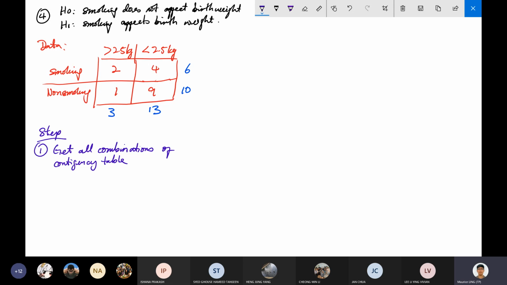Next, you calculate the probabilities, and here we call this P asterisk of each contingency table.